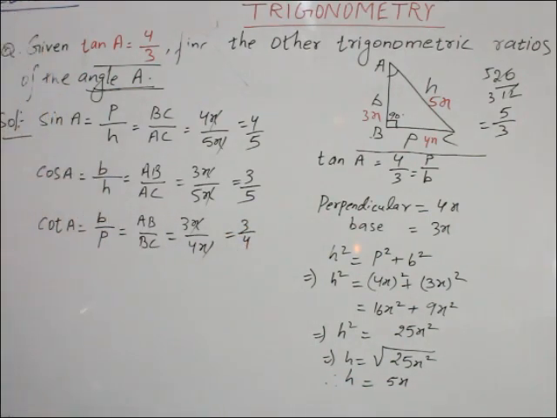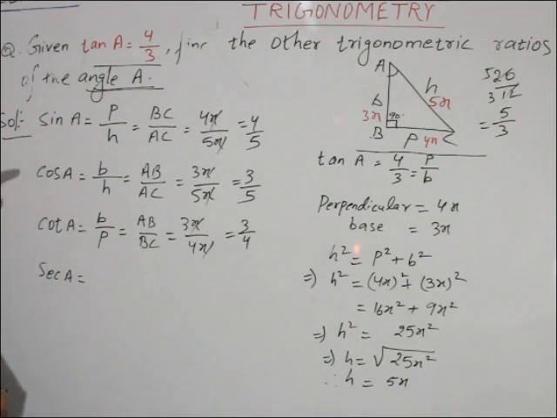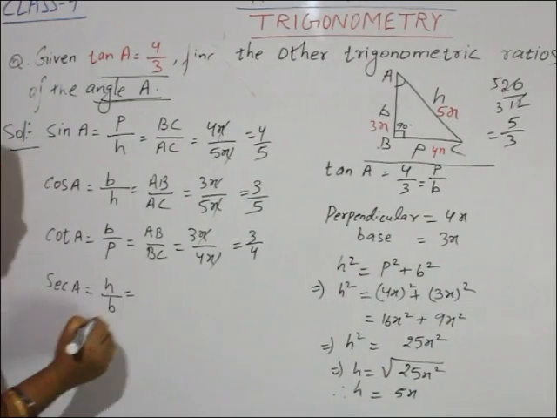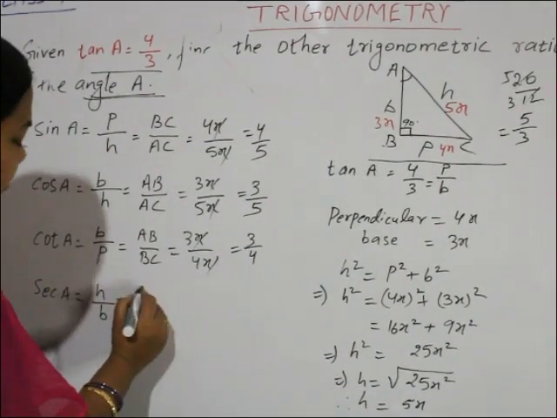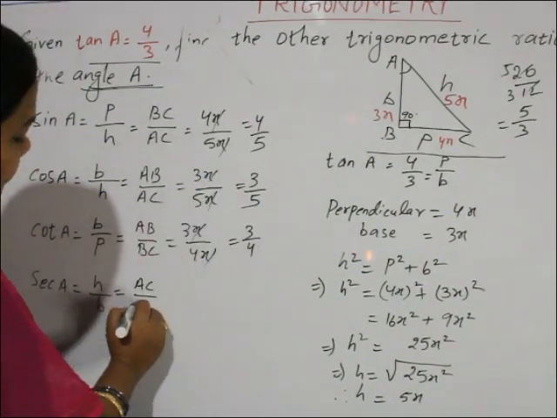Next what? Sec A. Sec and cos, both are reciprocal of each other. Cos is B by H, sec is H by B, hypotenuse by base. Hypotenuse is AC, base is AB.